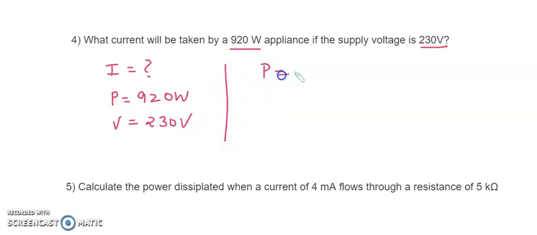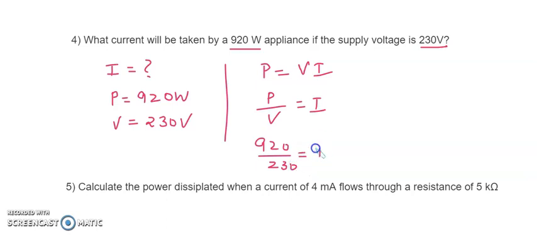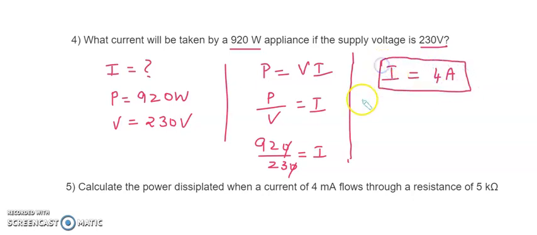So power is equal to V into I. So P upon V will be I. That means 920 divided by 230 will be my I. So the 0 goes off. 92 divided by 23, right? So I is equal to 4 ampere because 23 times 4 is 92, right?